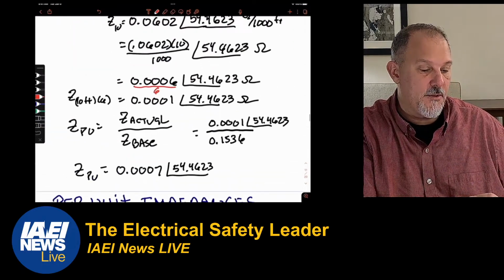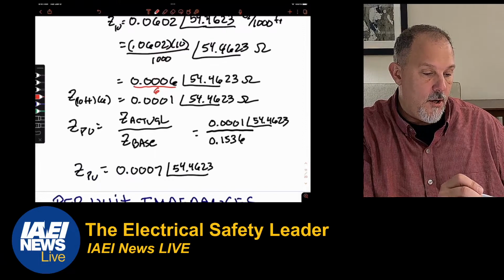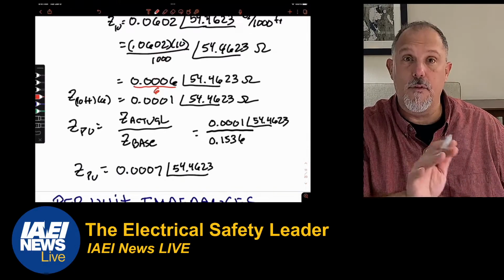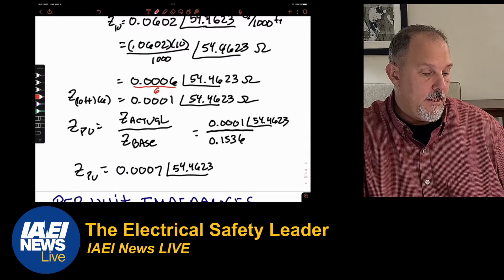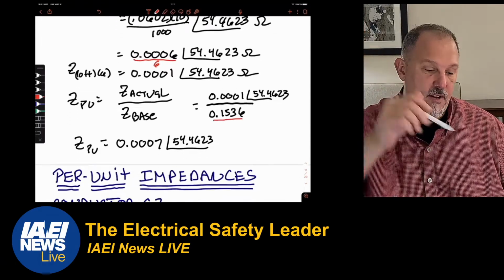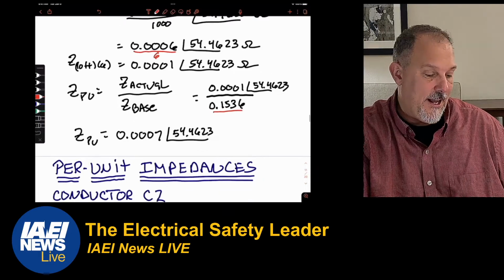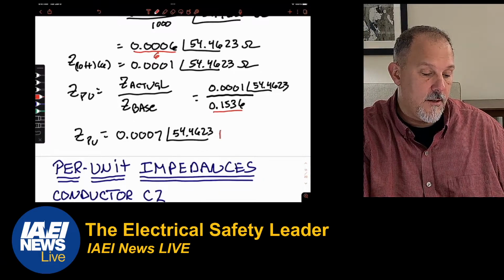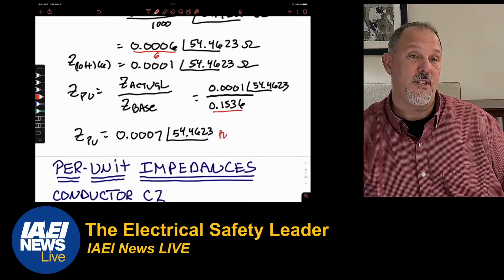That gets me to 0.001 ohms, not per foot, per 10 foot. And then I do my actual over my Z base, which we set up above was 0.1536. And there's my per unit ohms, 0.0007.